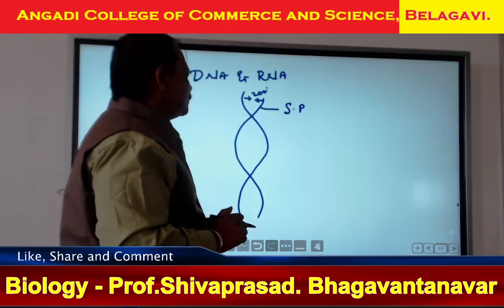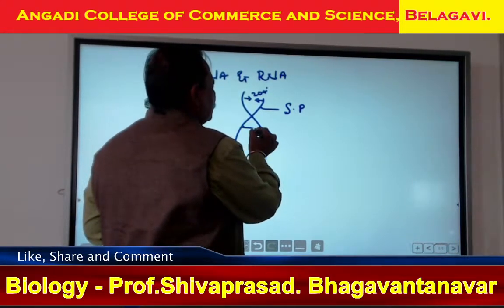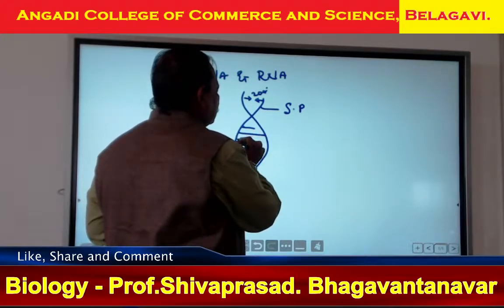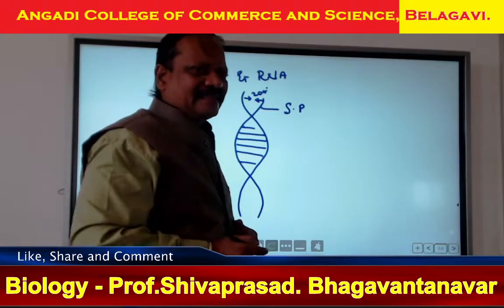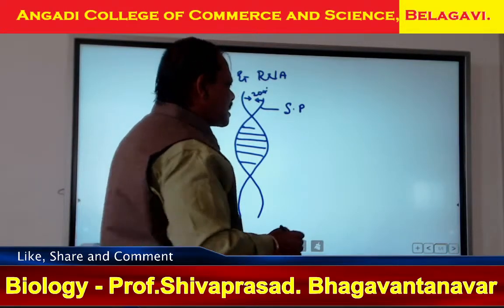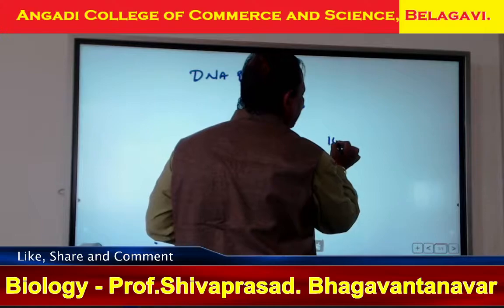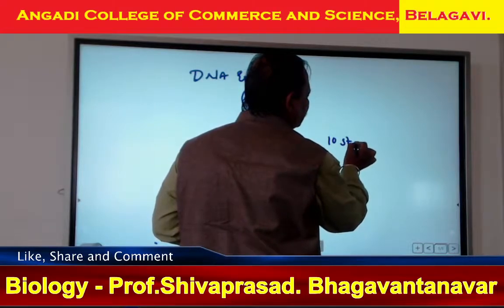And then here you can see the base pairs, or what you are calling the steps. There are roughly 10 steps in a twist.